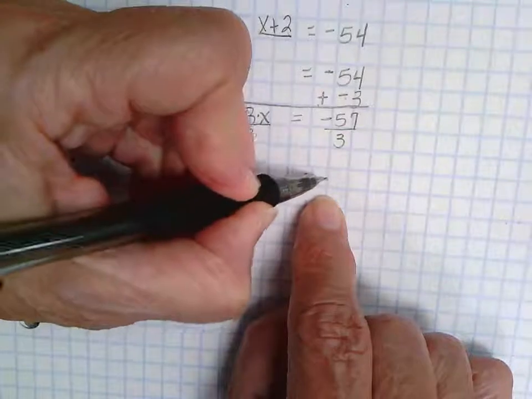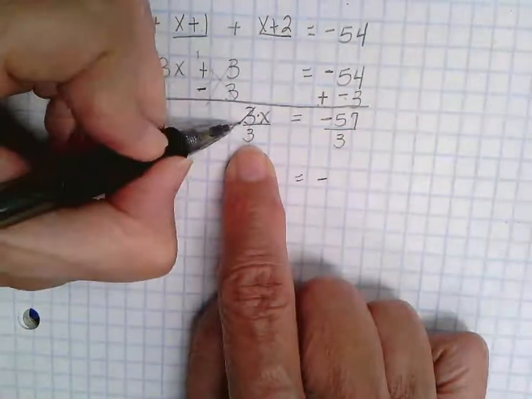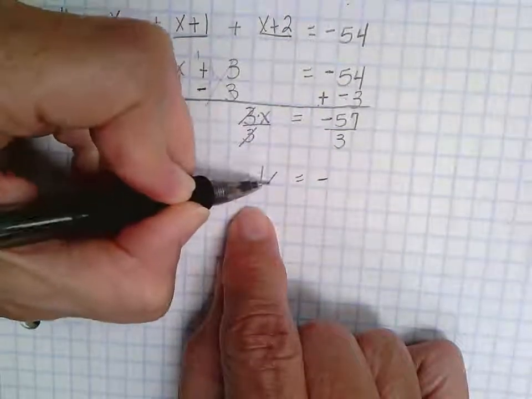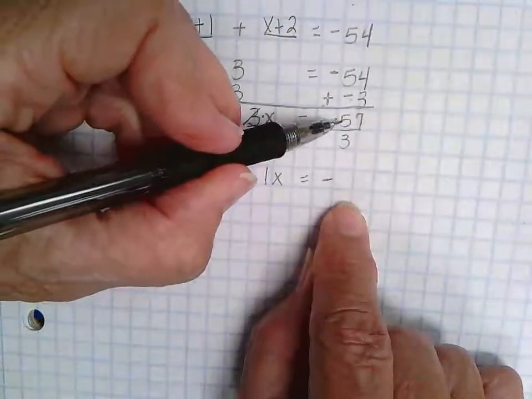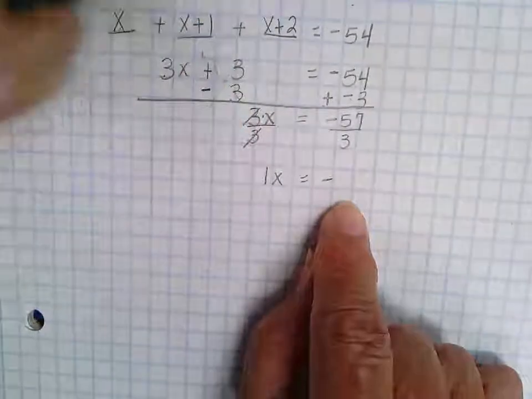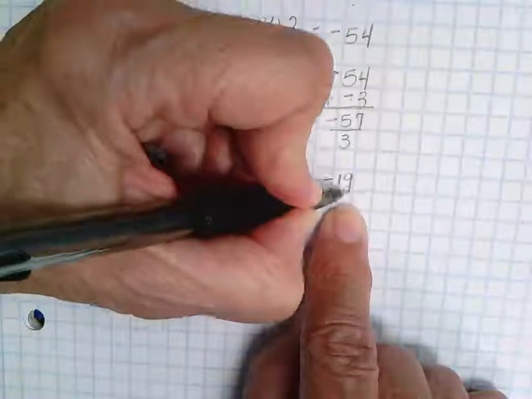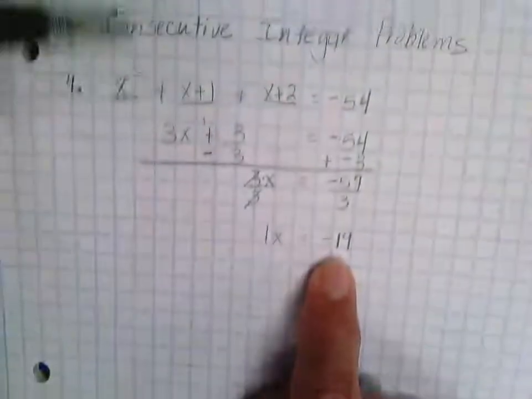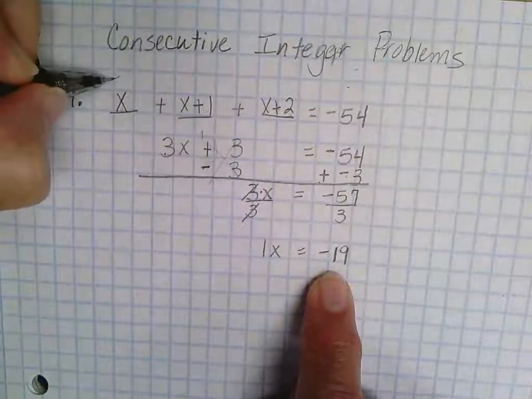Here, 3 divided by 3 is 1. So my 1x is going to be equal to whatever negative 57 divided by 3 is. And that, ladies and gentlemen, is negative 19. So my x is negative 19.